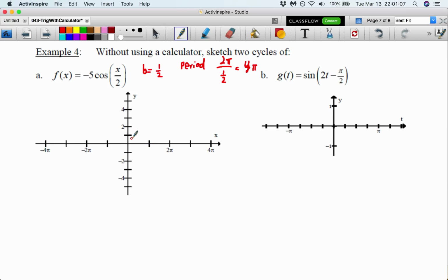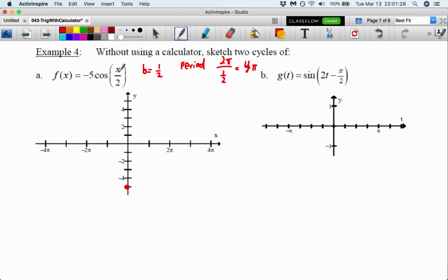You can try to plug some stuff in, especially when they give you the axis like this. What's cosine of 0 when I plug in x equals 0? Cosine of 0 is 1. 1 times negative 5. So now we're down here. The next value it suggests I take is pi.